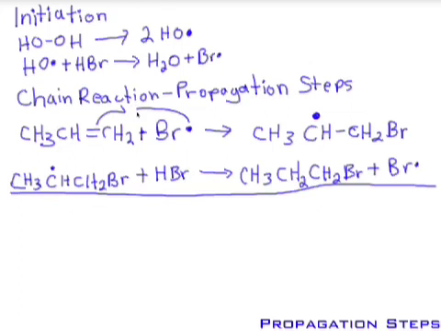We use fish hooks for single electrons, not full-headed arrows. Show how the electrons separate. So we have alkene. If we add this up, we have HBr.